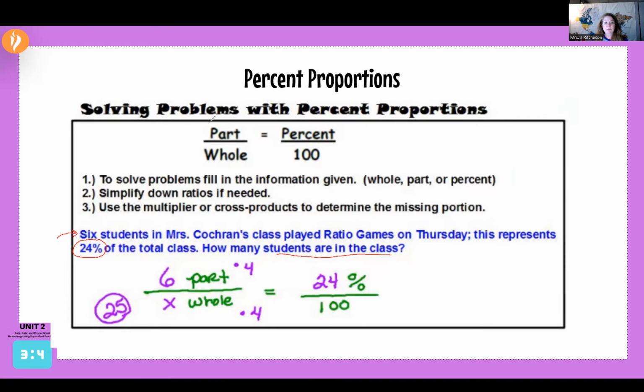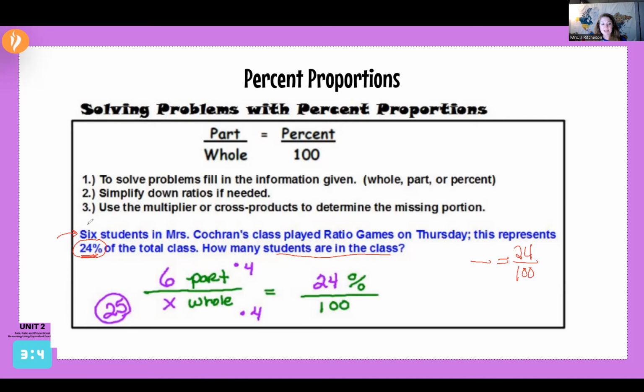So that's when this percent proportion is so important to know, and not only that you know it, but also where you're going to plug in each of the numbers. So automatically, every single time you see that percent symbol, that number is the one that goes over 100. And then the other number, you've got to figure out, is that the part or is that number the whole?